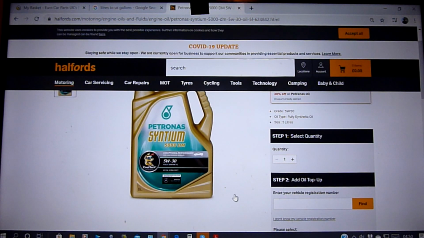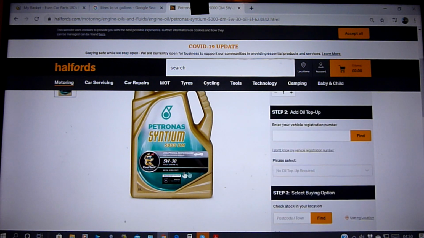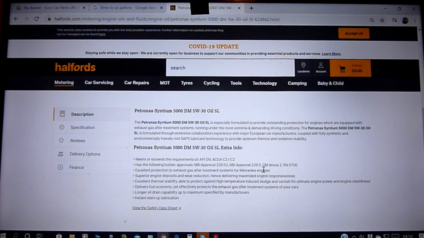It meets or exceeds the requirement for C3, C2. So it's not C3, C2. So it's got probably a little bit higher ash, and it's also not as good, I think, because it's not going to be as fuel efficient.